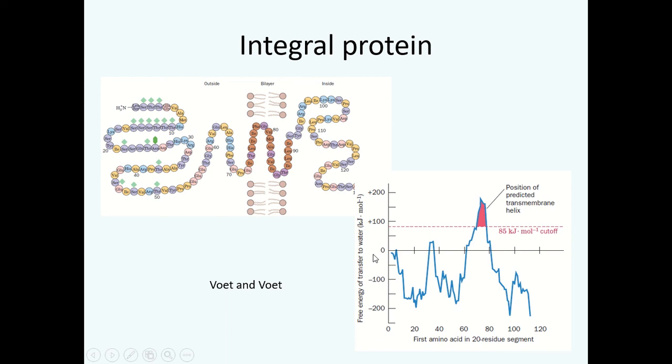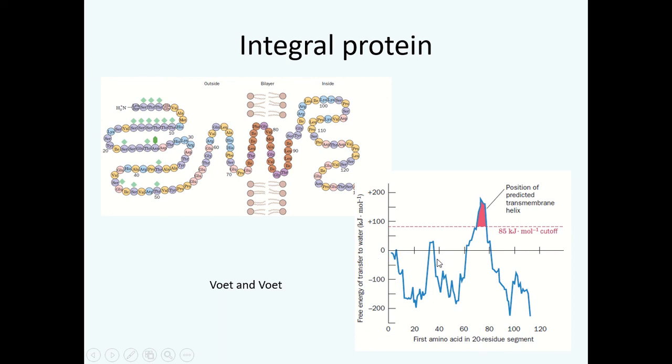So by looking at this combined effect of 20 amino acids, we can find a window, a region of the protein which is going to be most hydrophobic. The part of the protein which shows the maximum free energy of transfer from membrane to water is going to be regarded as the most hydrophobic part of the protein.